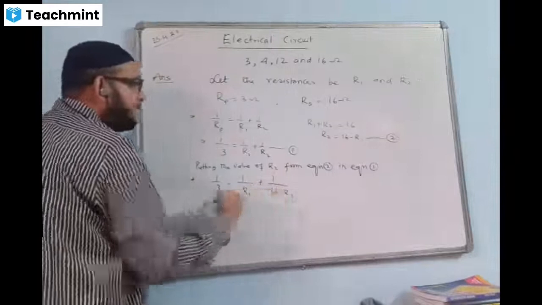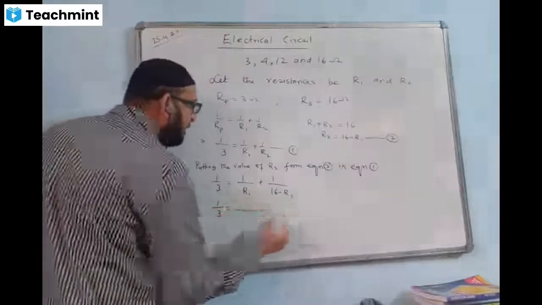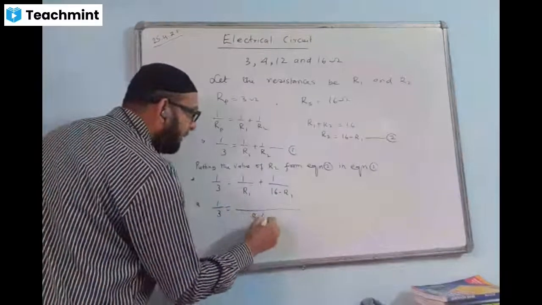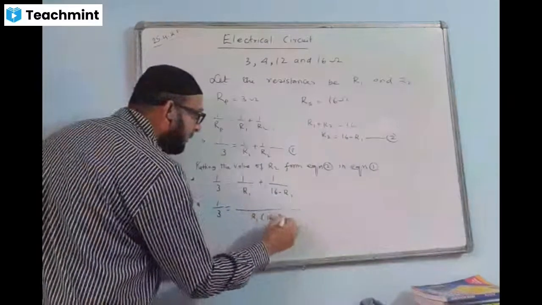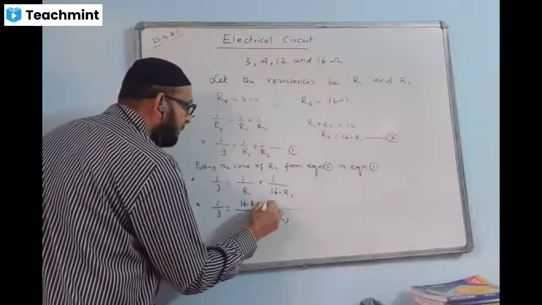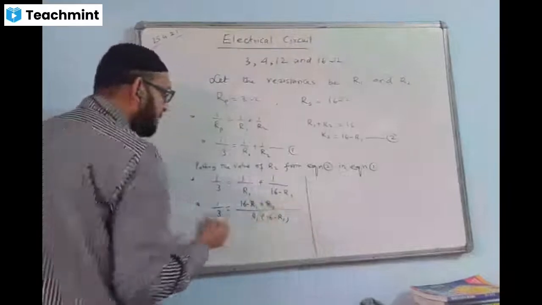Now I'll take the LCM and make one equation and solve it to find R1. So R1 times (16 minus R1) in the denominator; the numerator becomes 16 minus R1 plus R1, and these two cancel.